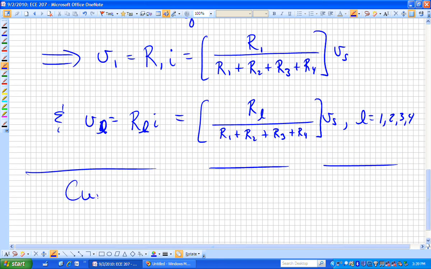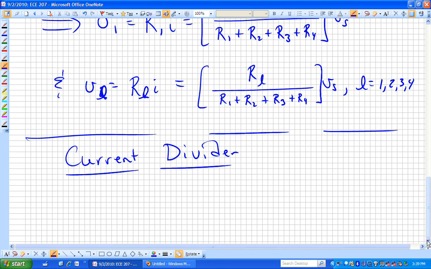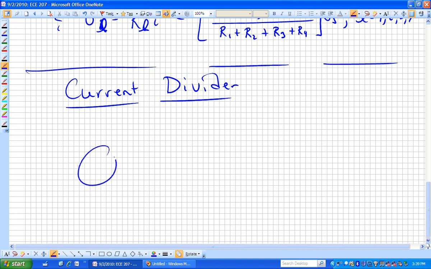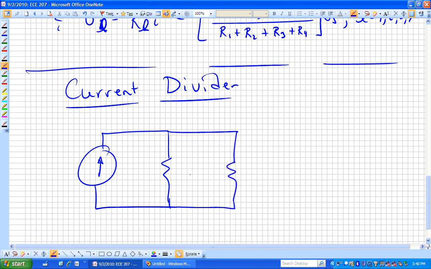Current divider. Let's look at a common situation. Here's a current divider situation.